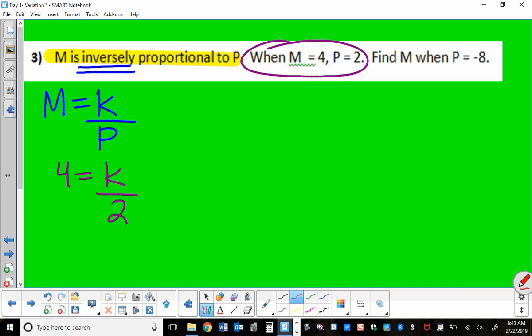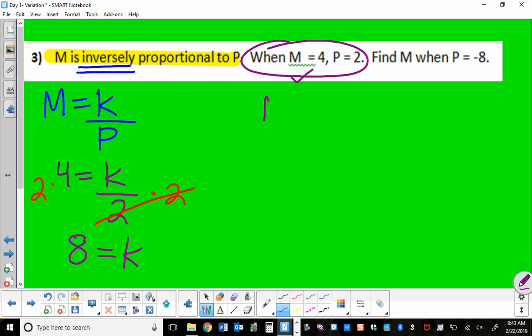Yeah, you would multiply by positive 2 on both sides, right? I mean, you could do 2 over k, but that's just going to cancel out. So my 2's are gone, and I'm left with k equal to positive 8. All right, so step 2 is done. You got my constant. We're good.